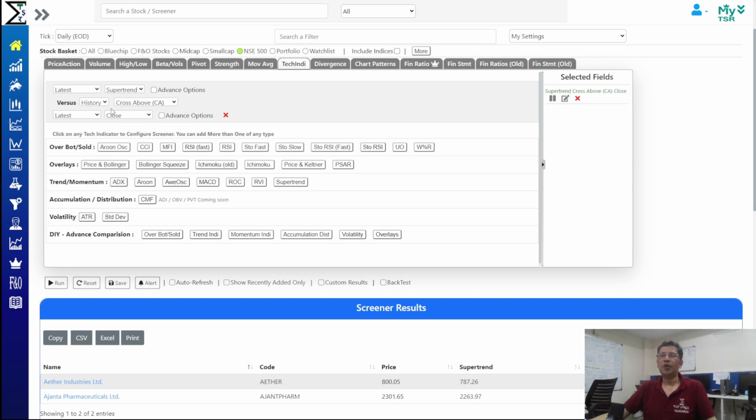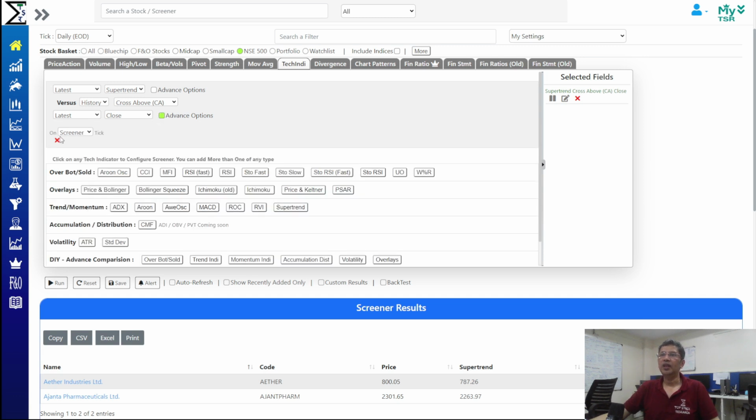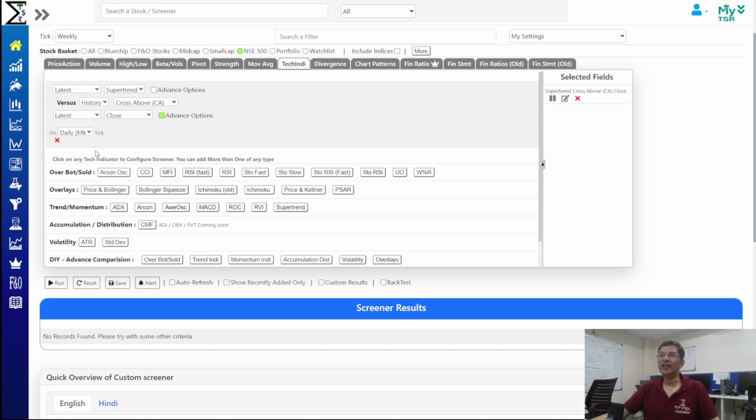Supertrend. Now it's not possible for price to cross above Supertrend on the latest tick, but what you can do is go to advanced option and set it to market hours, and this example is where you can get this condition, right? So what we are trying to do is, on a weekly Supertrend, your daily price is crossing above that.